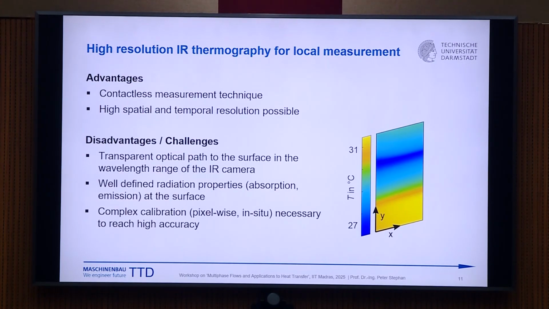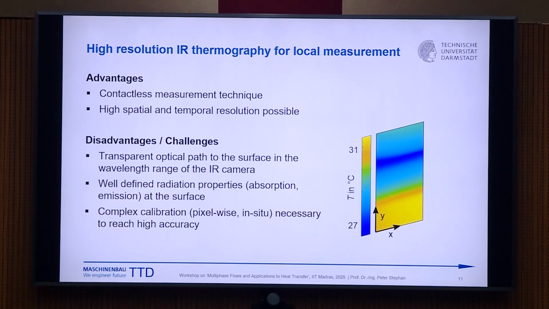So we use infrared thermography because it has many advantages. The advantages are that it is a contactless measurement technique, and of course it has very high spatial and temporal resolution. And there are some disadvantages and challenges, of course. We need a transparent optical path to the surface in the wavelength regime of the infrared camera.